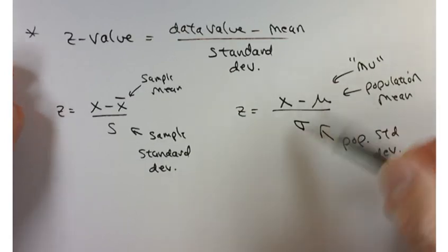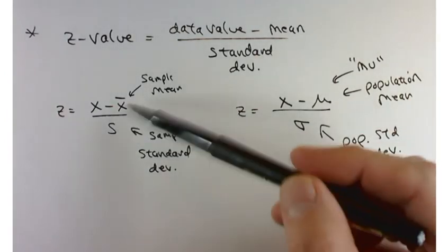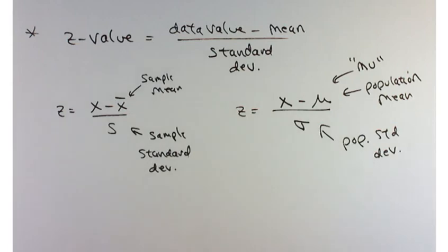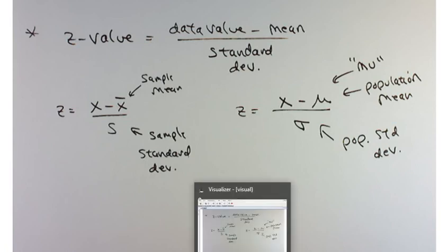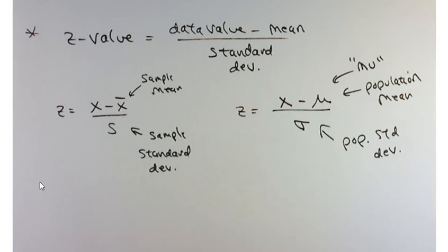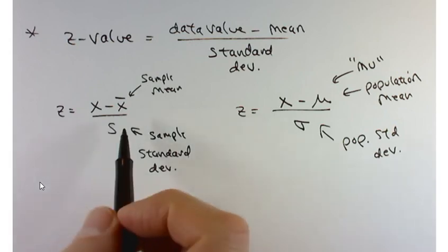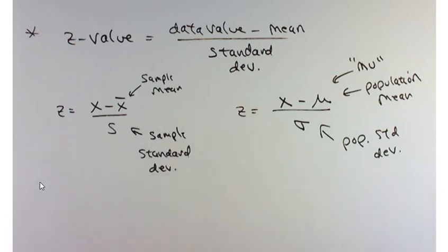Quite often we don't have these numbers, so we use our best guess, which is the sample mean and sample standard deviation. Basically what you're doing is you're counting how far away you are from the center, and that's going to help you determine how unusual you are or are not.